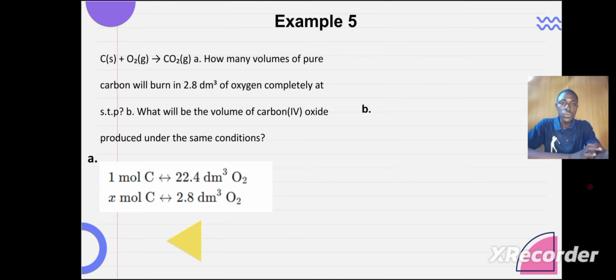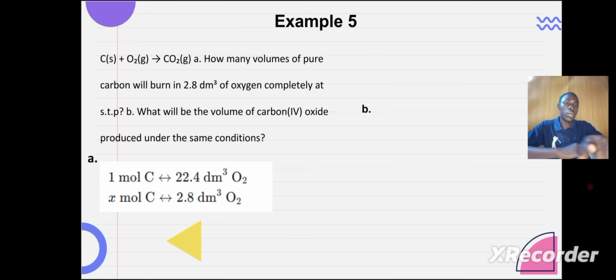From the equation, we have 1 mole of carbon reacting, and in the question we are given 2.8 dm cube, which is the volume of oxygen. So you can write the relationship between moles of carbon and volume of oxygen, because you are told to calculate volume. If volume is involved in your relationship, you can calculate any other volume that is required.